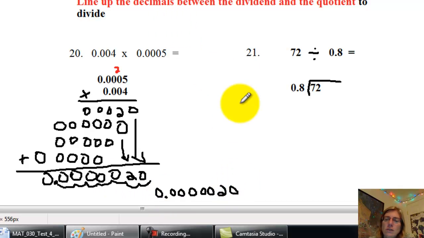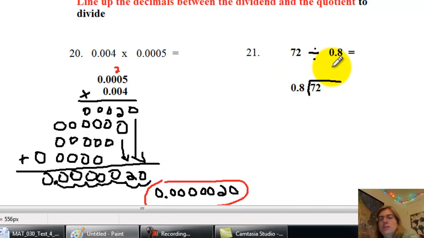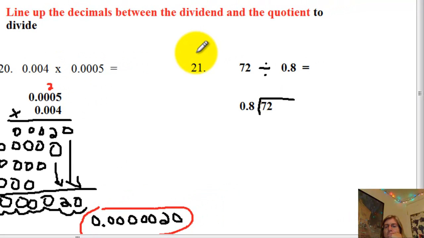Alright, so then number 21, we're doing division. Division has a little different step. So with division, you're going to line up the decimal between the dividend and the quotient. But the first step is you can't divide by a decimal. You actually have to make them into whole numbers.